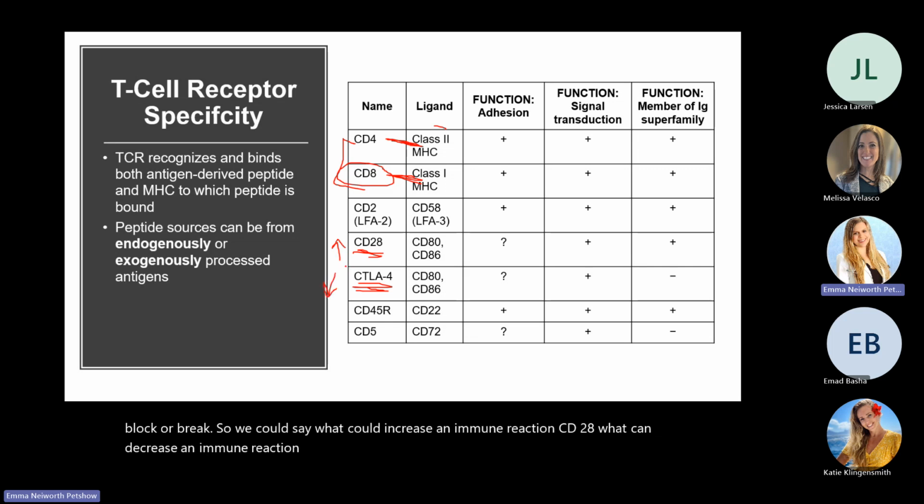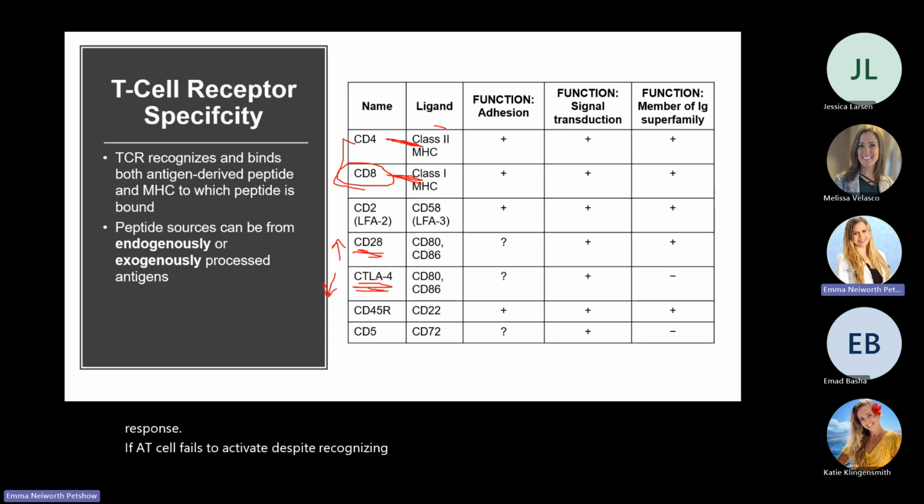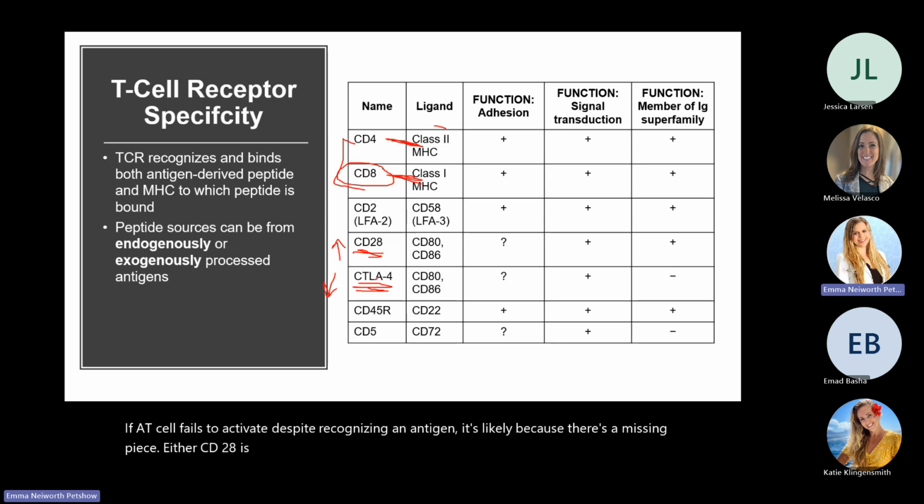These are other co-stimulatory molecules that can interact with a T cell and can either upregulate or downregulate the response. If a T cell fails to activate despite recognizing an antigen, it's likely because there's a missing piece. Either CD28 is not present, or CTLA4 is present and active and blunting the response.